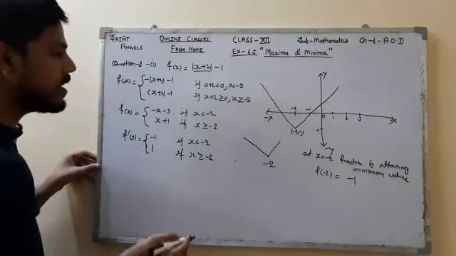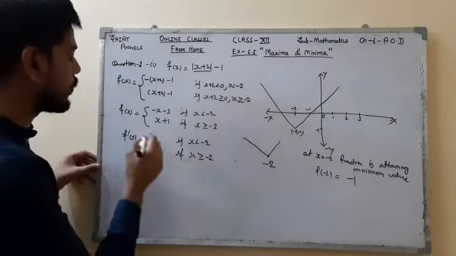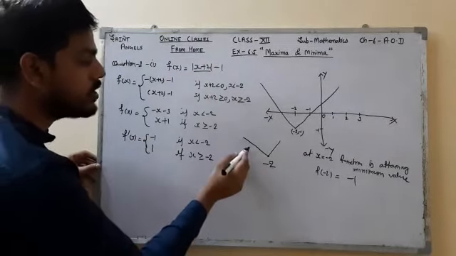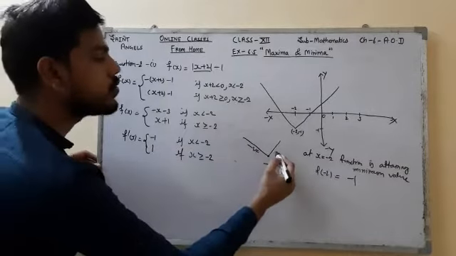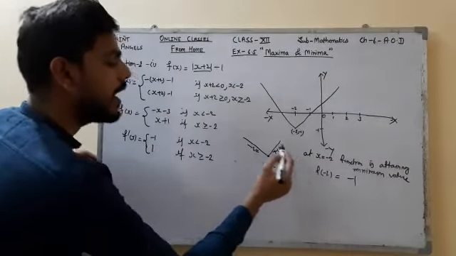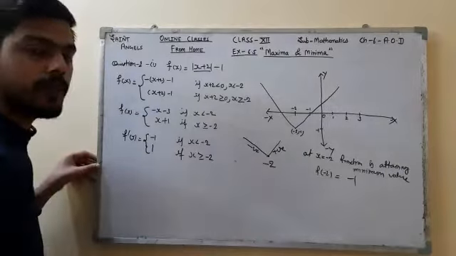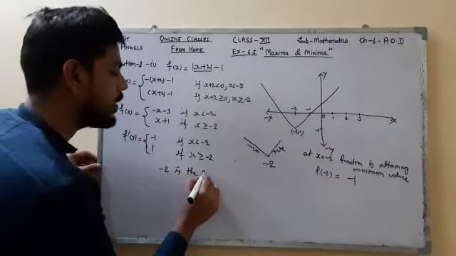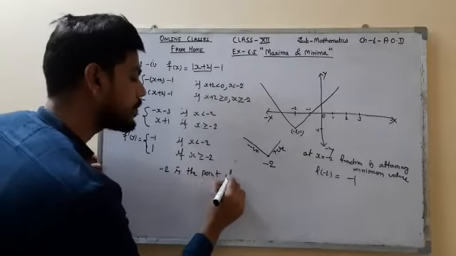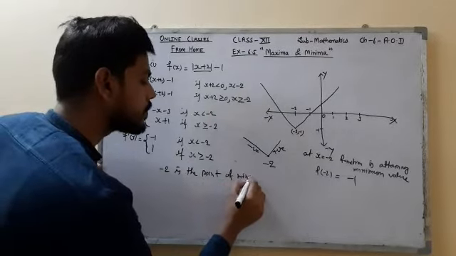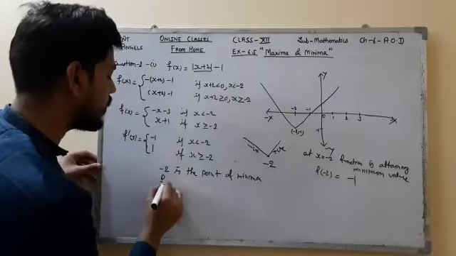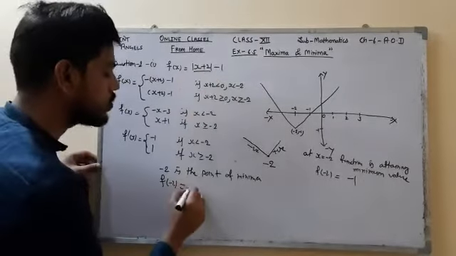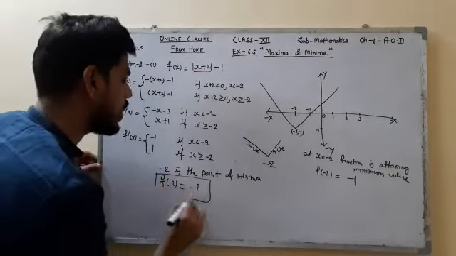So we can say that the slope of the function is changing from minus to plus around minus 2. Hence, minus 2 is the point of minima, and the minimum value f(minus 2) would be mod of x plus 2, which is 0, minus 1, equals minus 1. This is our answer.